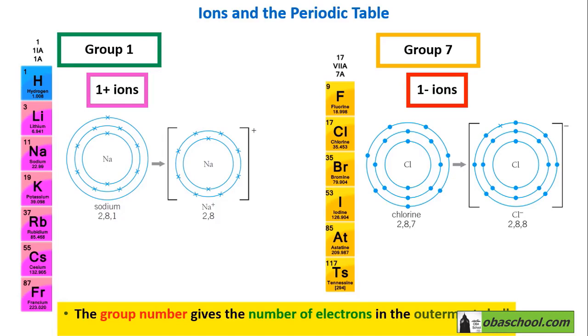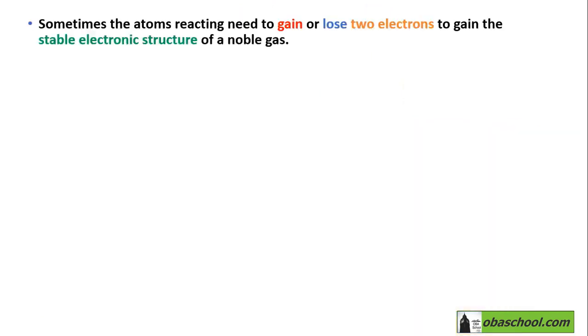Sometimes the atoms reacting need to gain or lose 2 electrons to gain the stable electronic structure of a noble gas.